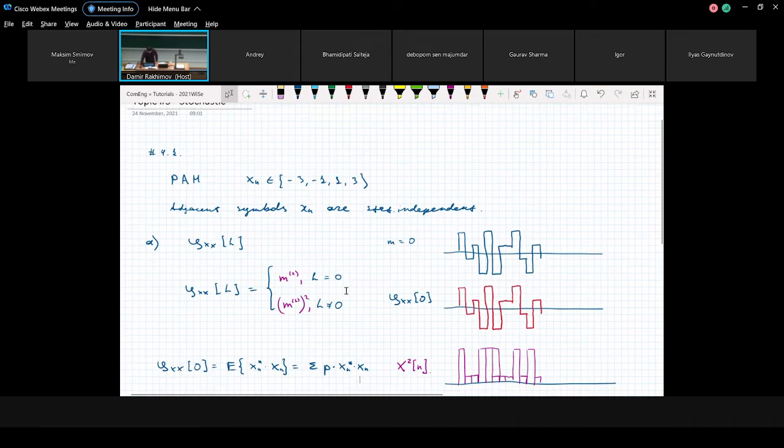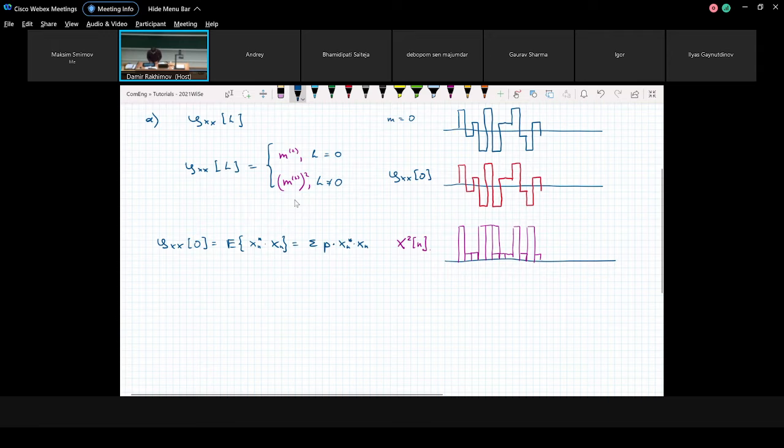And you already have everything you need to find this autocorrelation function for 0. Because you said that the probability for one symbol is 1 by 4, what's the value for each symbol? For one symbol, we have -3, plus another symbol has the same probability but a different value, -1, plus 1, plus 3, times 1 over 4.